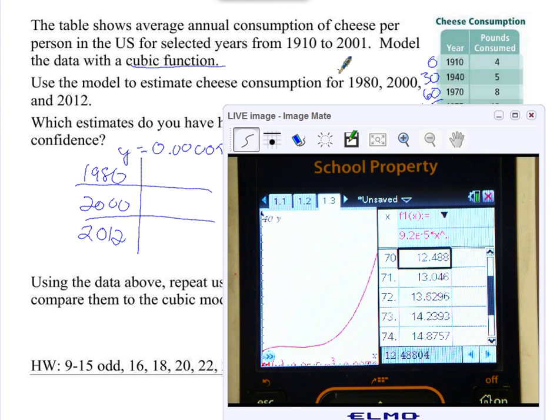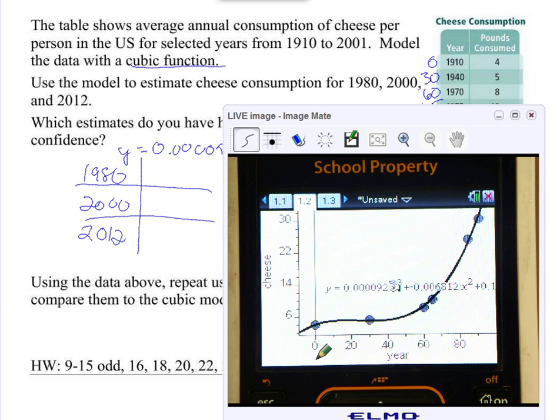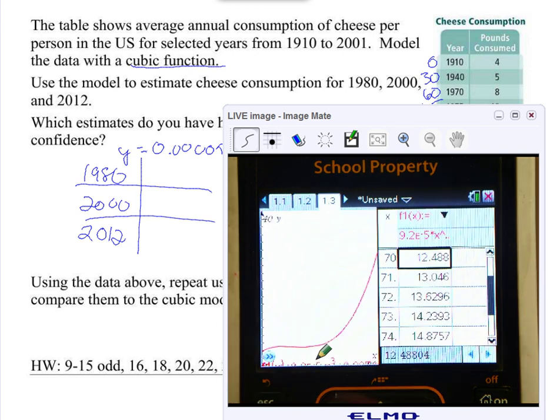So one option you have is to graph the equation, which I did over here. You can go back to your scatter plot to get the scale for the axes that you need. My x-axis scale is from 0 to 90. My y-axis scale is from 0 to, I think I did 40. Just so that I see the same graph. There it is. And now I can show the table and figure out what the answer is for any of those.